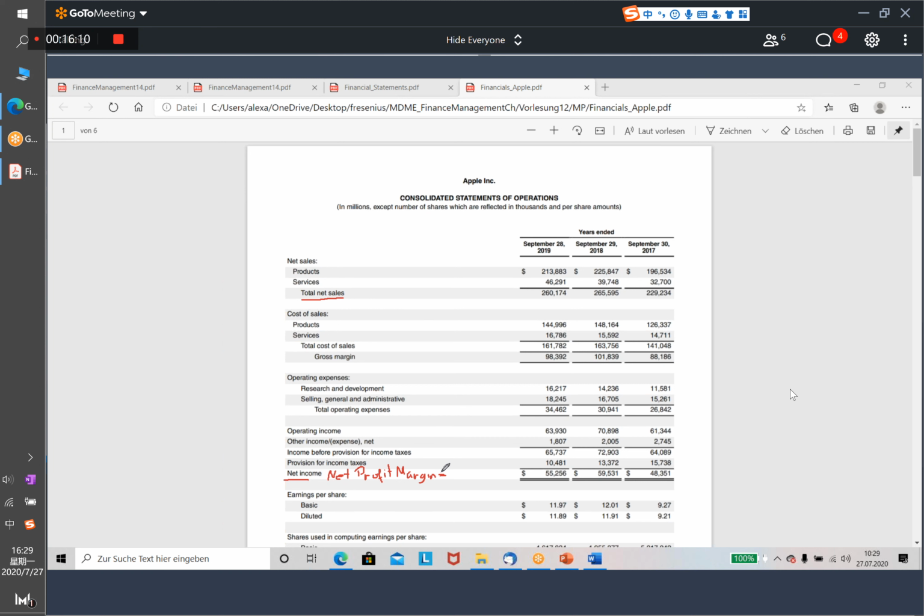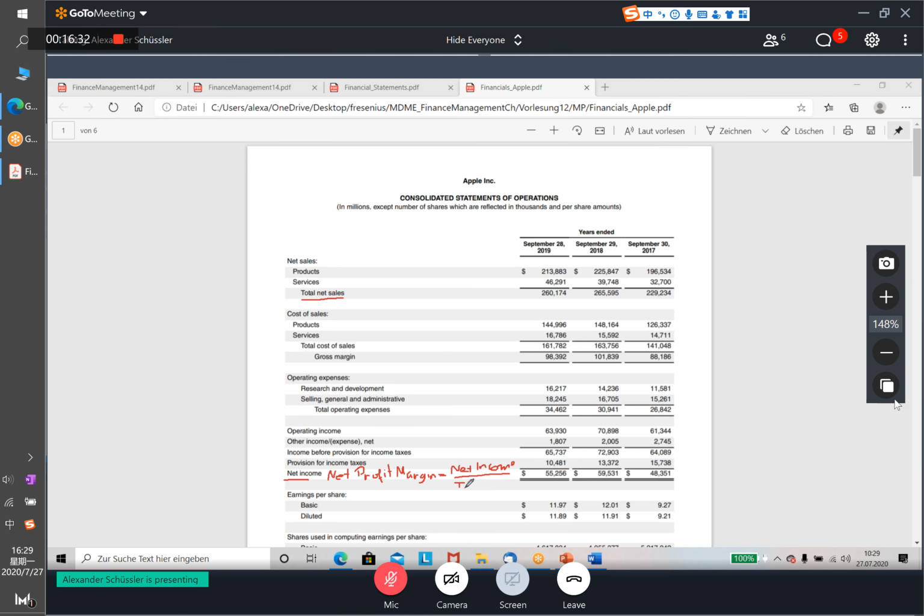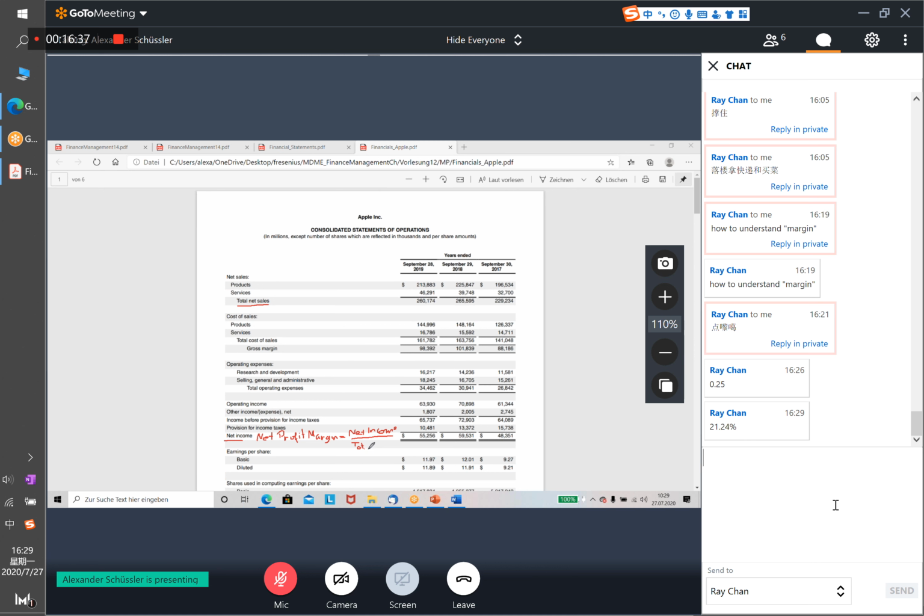If we do that, type it into your calculator for 2019: net income divided by total net sales.